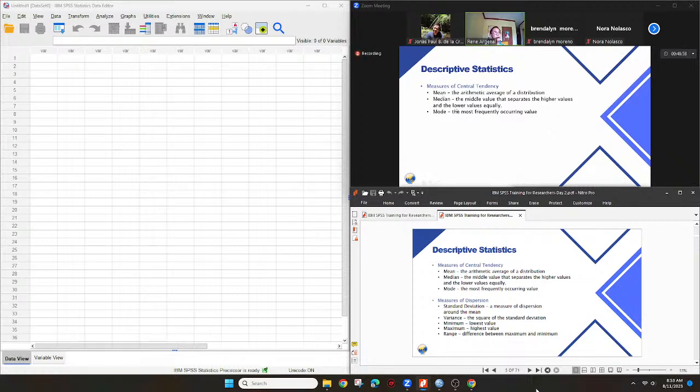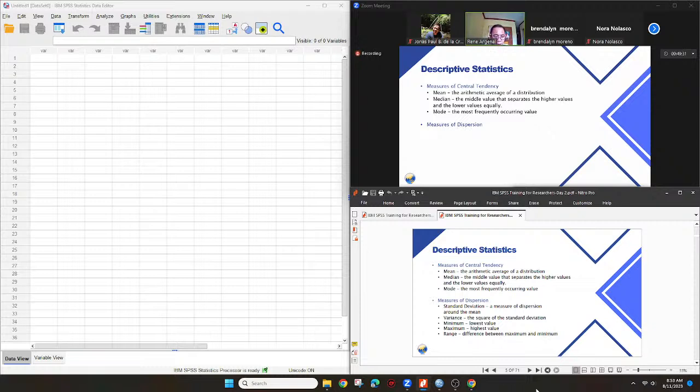While if the data is ordinal, ranking, the most appropriate is the median. And if the data is categorical, the most representative measure of central tendency is the mode. And then we also have the measures of dispersion.